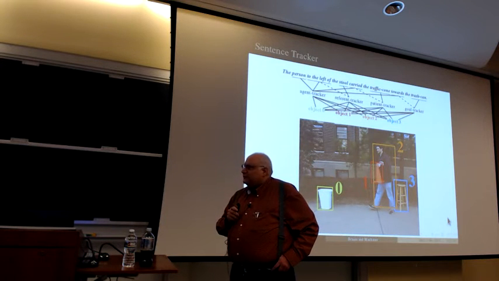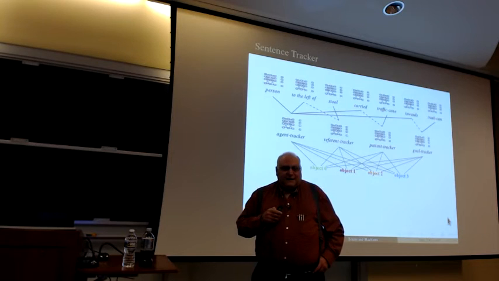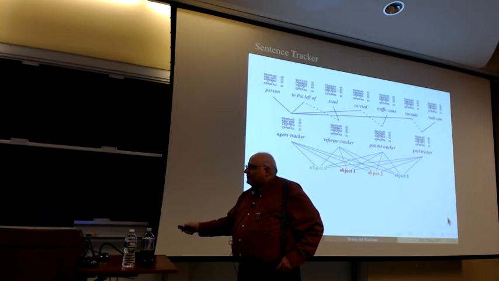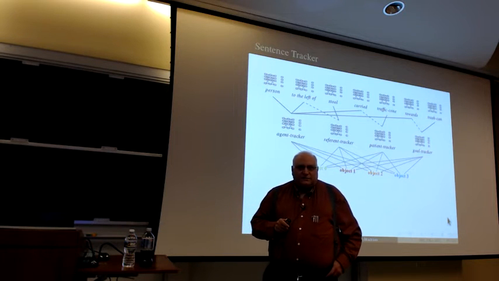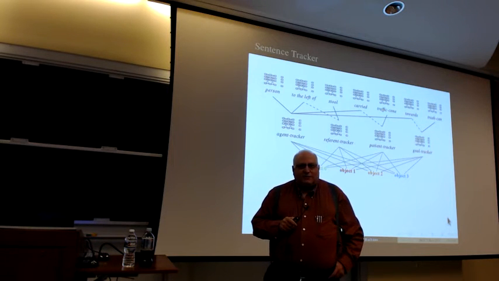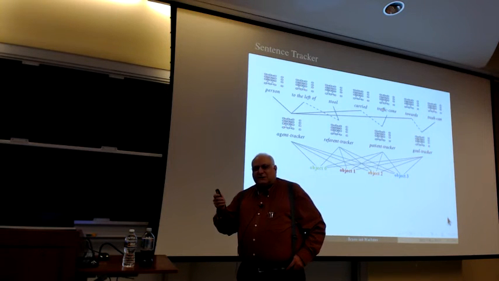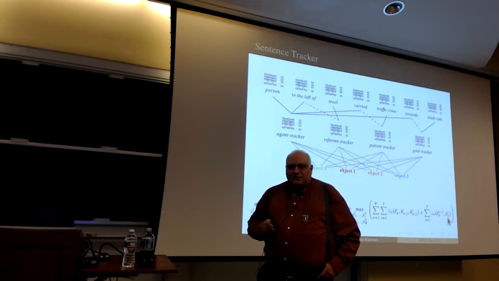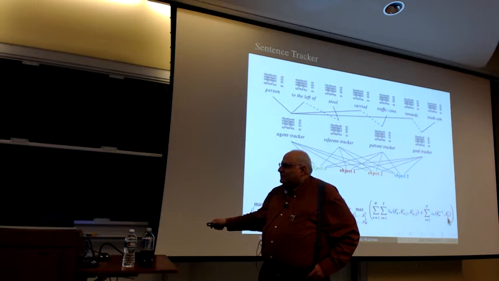And if we do this, we can formulate this as a collection of these Viterbi lattices where we have one Viterbi lattice for each of the event participants, tracking its position as a function of time, and one Viterbi lattice for each of the words in the sentence that represents the sequence of features extracted from the object detector that represent the semantics of the words in question over time. And we can constrain each of them relative to each other, and that corresponds to this large optimization problem.